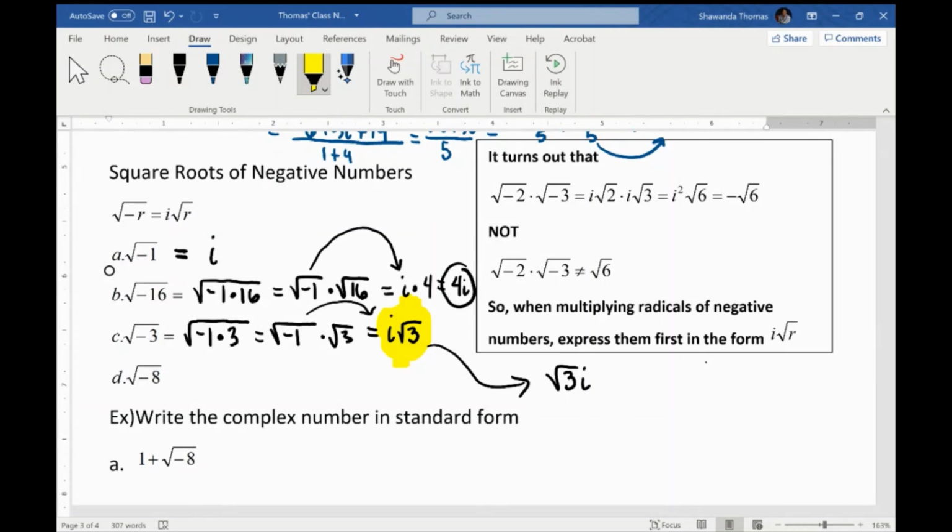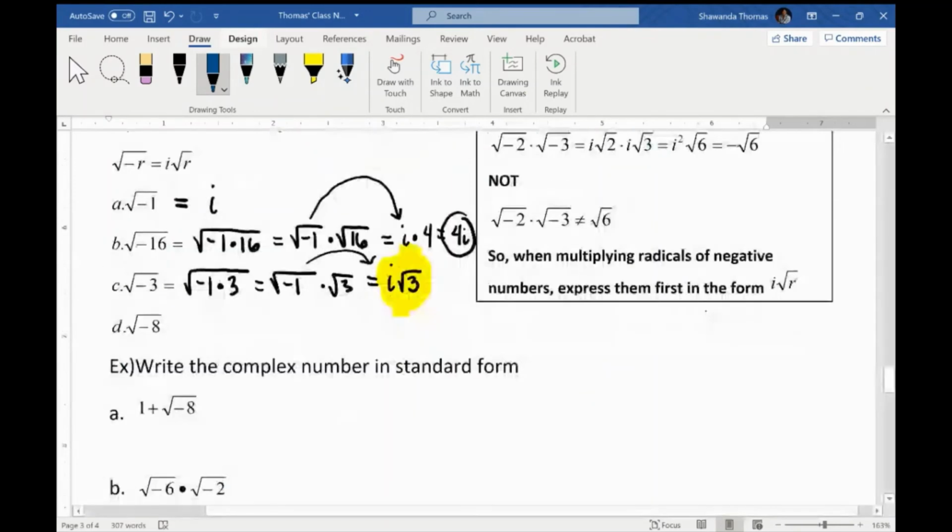So however you do it, I'm okay if WebAssign would accept that. That's why you will probably see me put I's in front of radicals, so that you will know it's not supposed to be under that square root symbol.